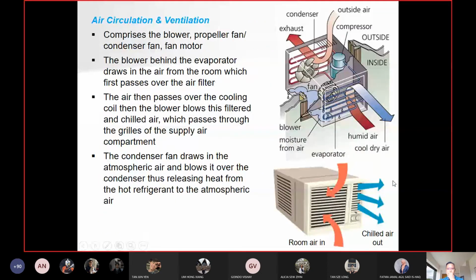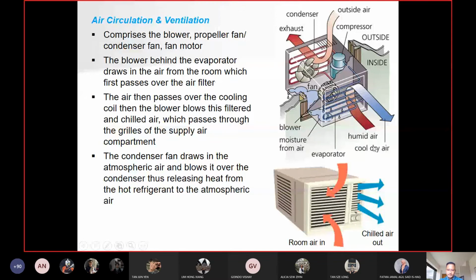Air circulation and ventilation. It's nothing like the AHU I mentioned earlier. In the air circulation, there are two sides: inside the room and outside the room. So there are two parts of air circulation. What happens inside the room?